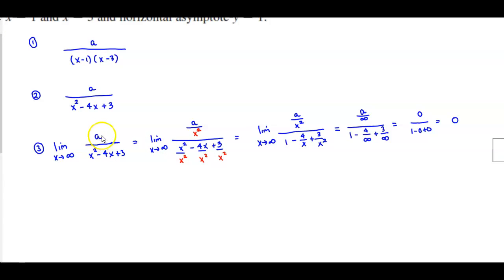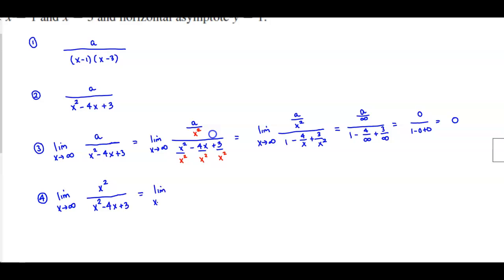So can we change this value of a so that we can get 1 in the numerator? Well, what can we divide by x squared that's going to make it 1? Well, we can divide that by x squared. So let's check and see what that would look like. So if we said that the limit as x is approaching infinity, replace a to be x squared, divided by x squared minus 4x plus 3, and let's follow the same steps.